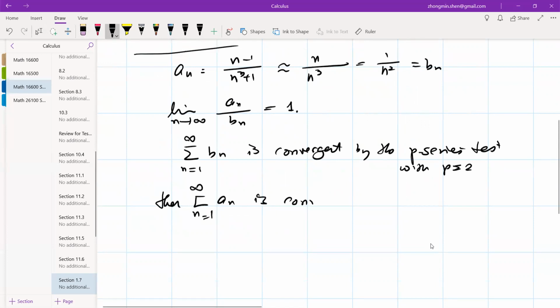This time we say it's by the limit comparison test.